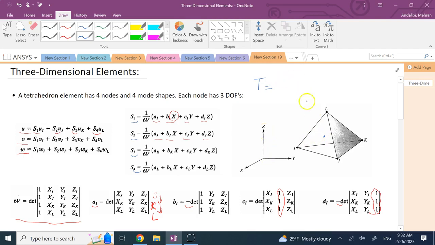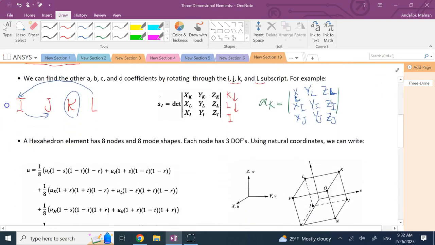Well, T is T at node I times S1 plus T at node J times S2 plus T at node K times S3 plus T at node L times S4. Similarly, for any other physical quantity, you just use these 4 mode shapes and multiply by the nodal values. So this is how you use a tetrahedron.